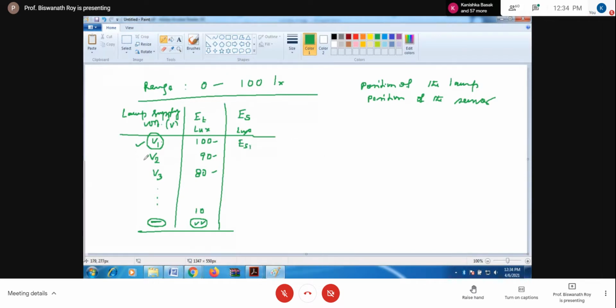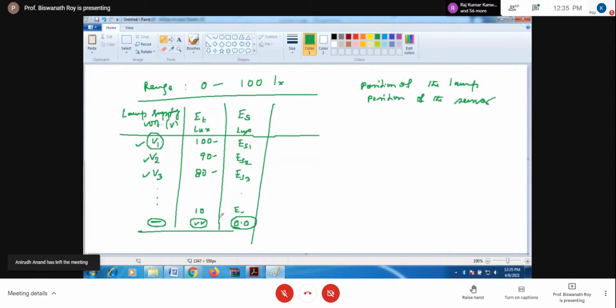Suppose for V1 it is ES1, for V2 it is ES2, for V3 it is ES3, and so on, and this last one should be 0 because this is the working standard lux meter. When it is blocked, then the value is 0.